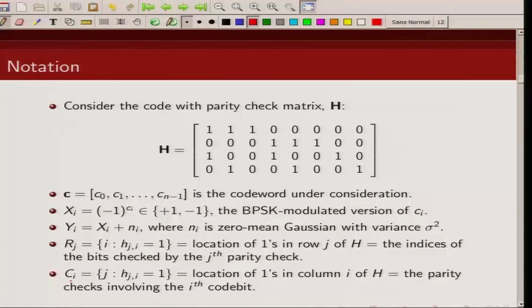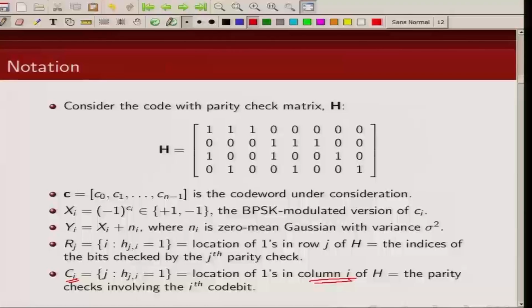Now we use this notation Ci to denote the location of ones in column i. Now what does location in column i denote? It denotes that the ith bit is participating in which parity check equations. So let us look at what is C0. So this was again 0, 1, 2, 3, 4, 5, 6, 7.